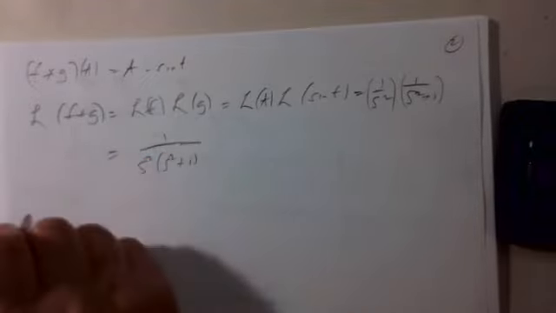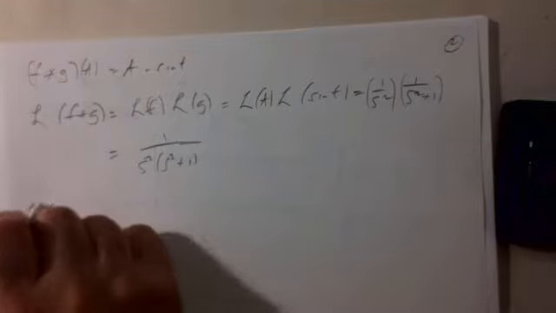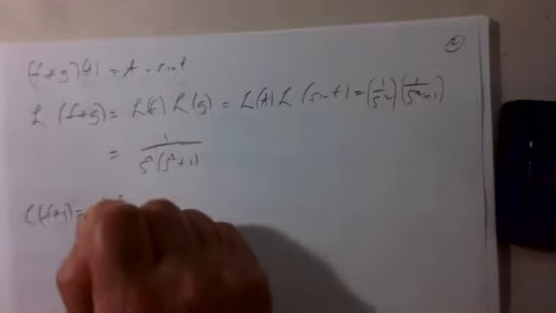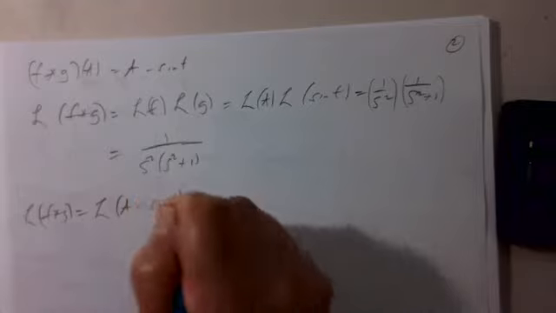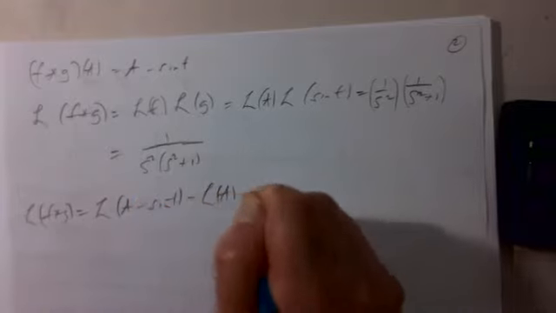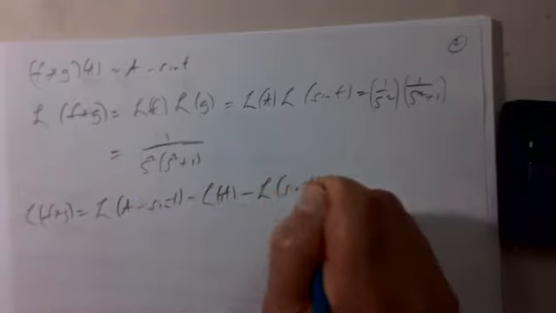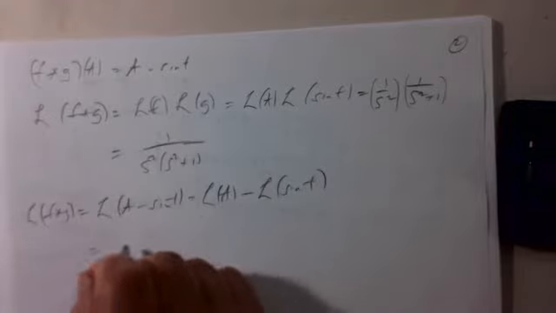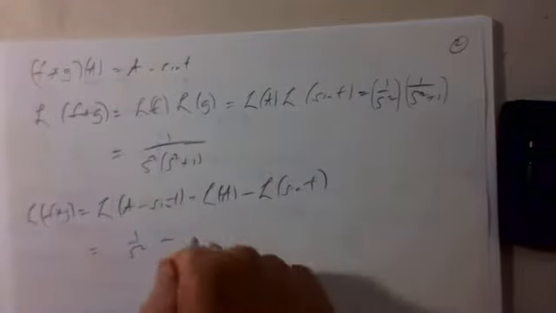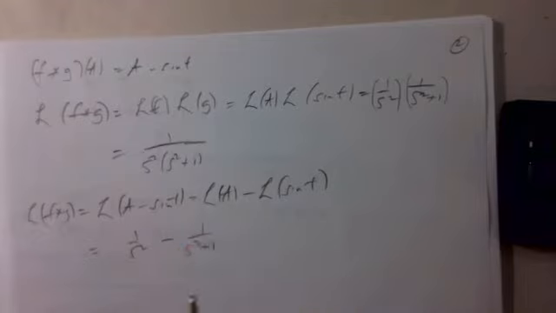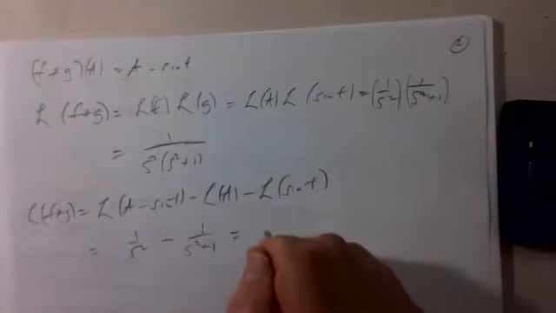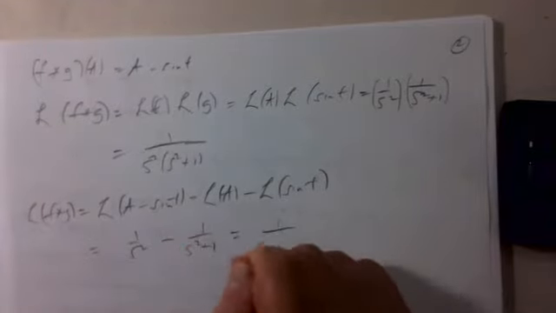You could also have said that the Laplace transform of f star g is the Laplace transform of t minus sine t. That's the Laplace transform of t minus the Laplace transform of sine of t. This is equal to 1 over s squared minus 1 over s squared plus 1. But if you put them over a common denominator, you get exactly the same thing.